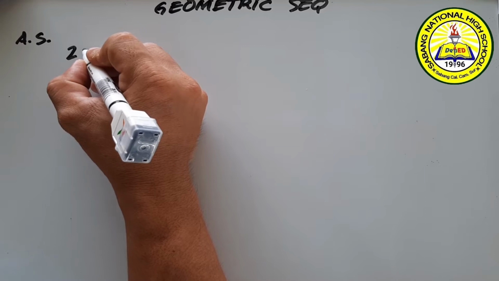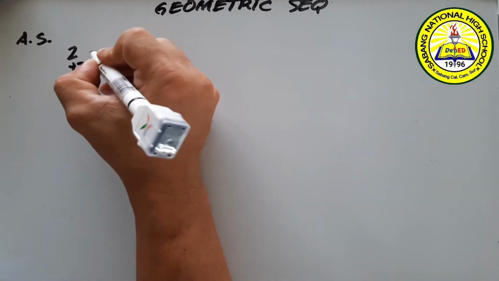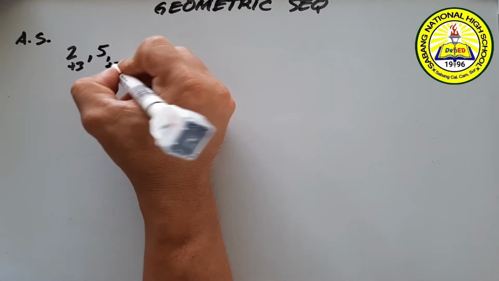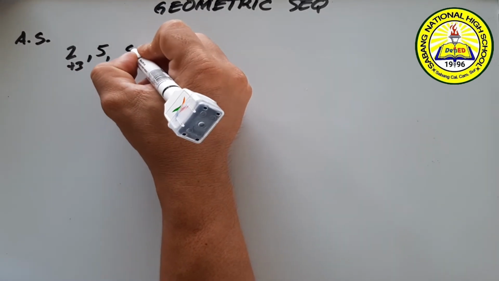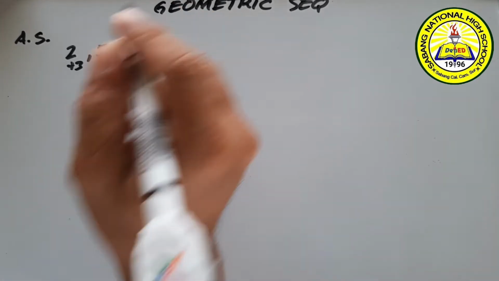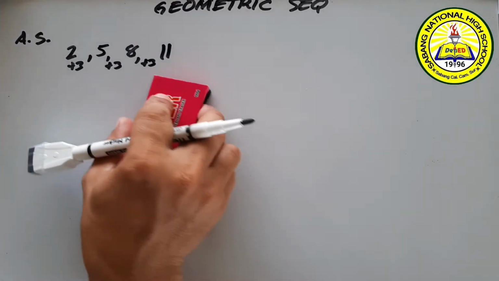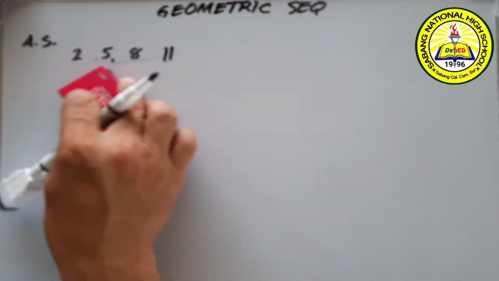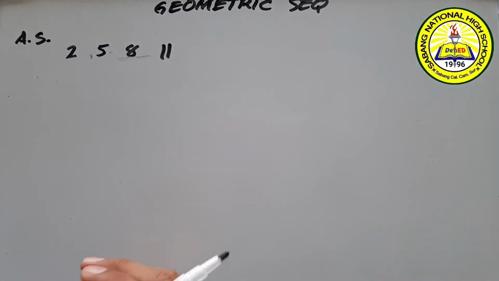So we have 2 plus 3, we have 5. 5 plus 3, we have 8. 8 plus 3, we have 11. Therefore, the sequence 2, 5, 8, and 11 is an example of an arithmetic sequence.